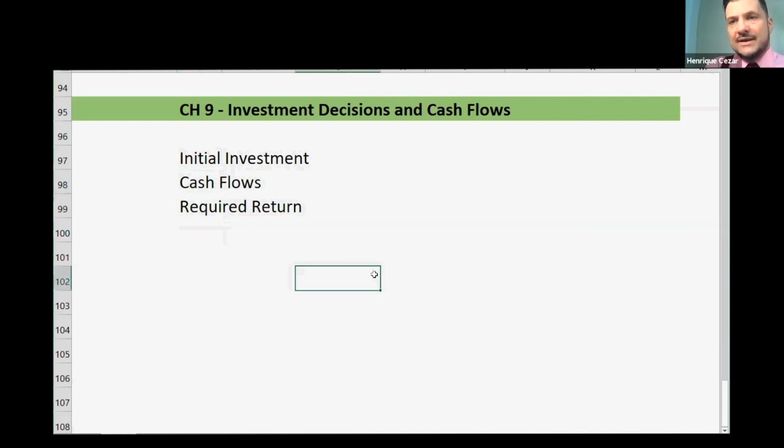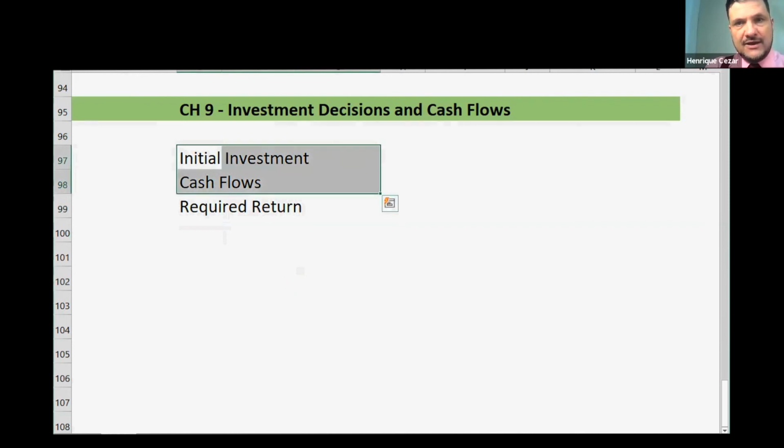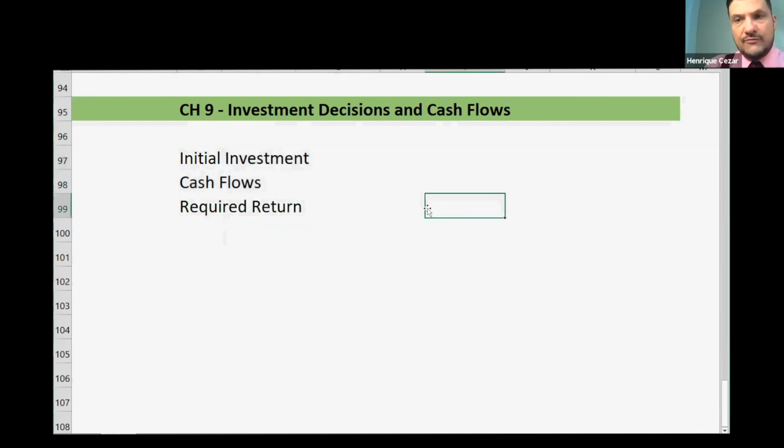Now, what happens if you do not have those two items here, okay? Then it becomes a little bit more critical, or a little bit more of a challenge to do the problem, right? But obviously, that's what you have to do in real life, right? If you're working with this, this is capital budgeting. I put it here.